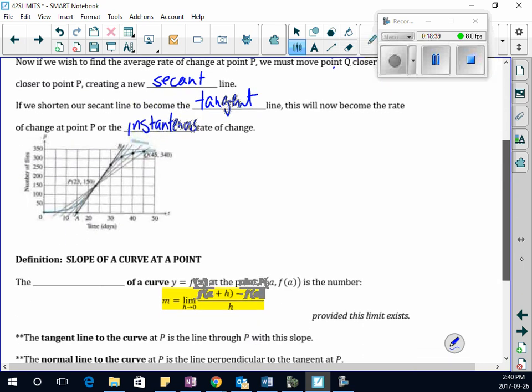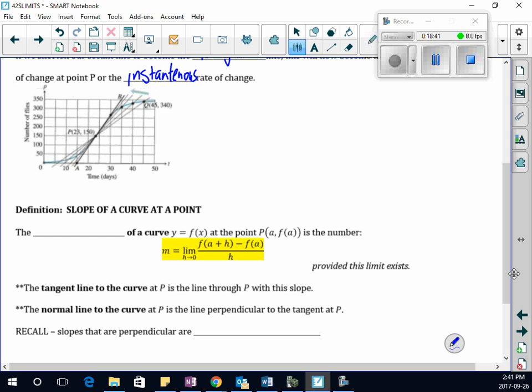Okay, so here's where we're getting into the slope of a curve at a point. This should go on your little card, right? You see I have it highlighted? There's a reason.